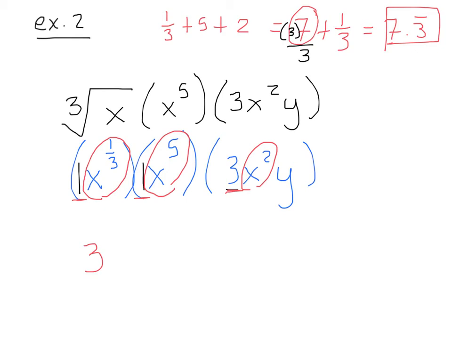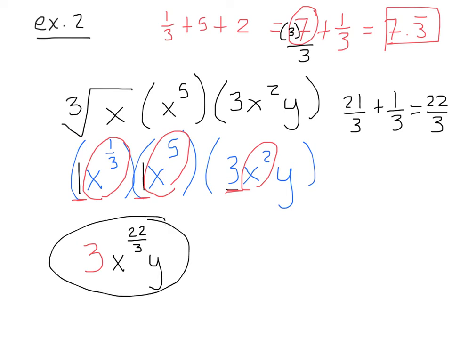And so I have 3 times 7 is 21 over 3 plus 1 over 3, which is 22 over 3. Okay? So I have x to the 22 over 3 power. And then there's nothing to multiply y by. You see how right here I have a y, but I don't have it in any of the other terms, so I'm just going to put times y. And that's your answer right there.